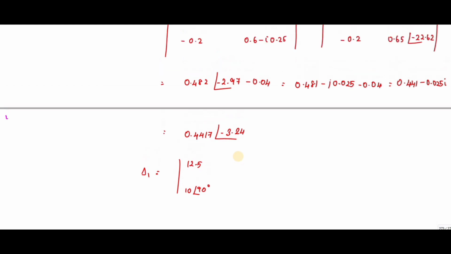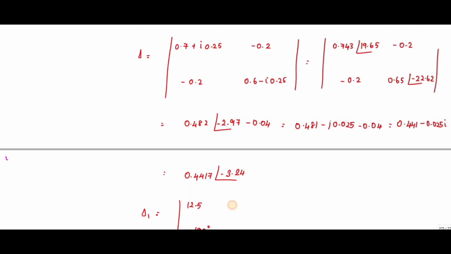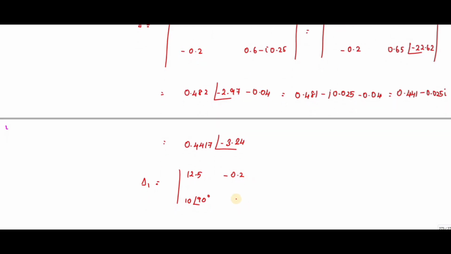And this one is minus 0.2, 0.65, angle minus 22.62. Okay. So if you solve, you'll get this.